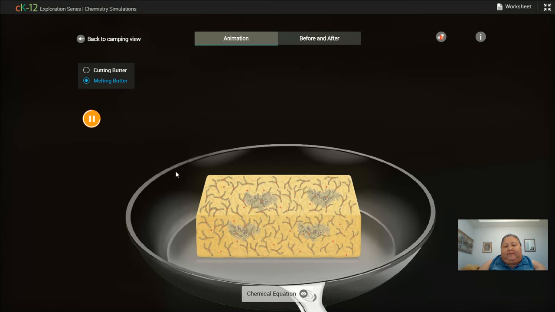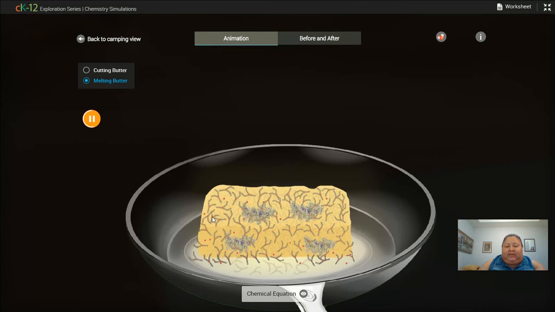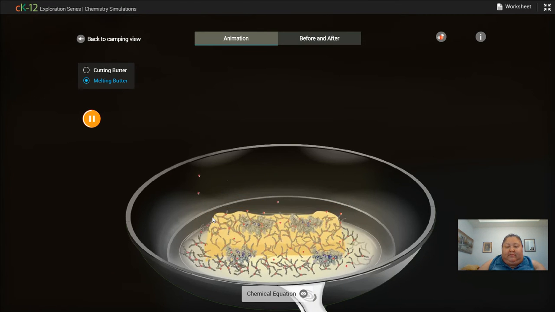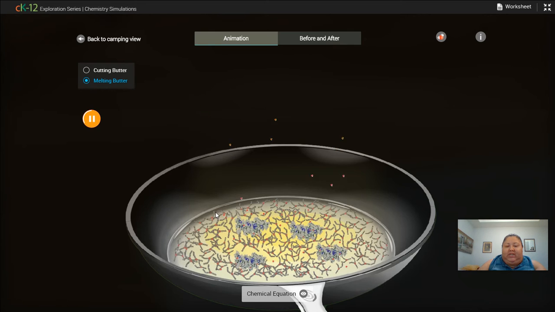This one takes forever. So you see your polysaccharides in there floating around, waiting to go into your body. You know, most of the time, if you have too much, it's bad. So we have changed from a solid form to a liquid form. But what else is happening? What do you notice is also evaporating? Right.